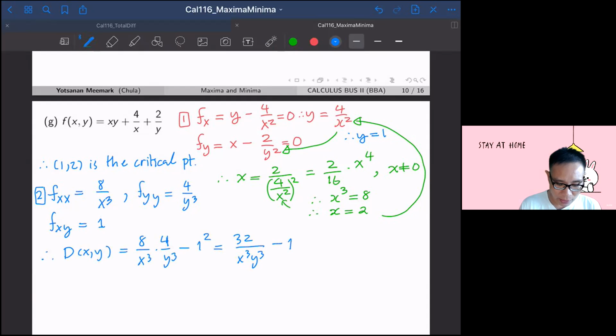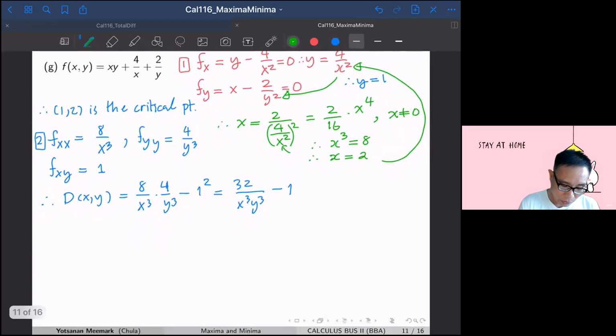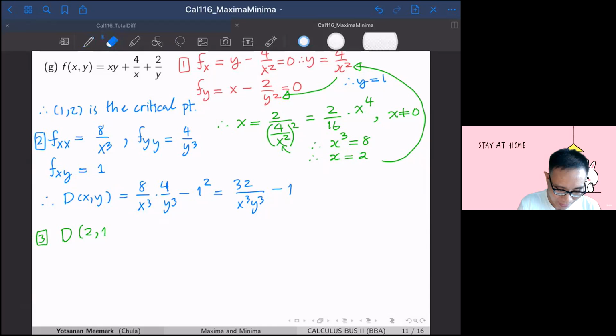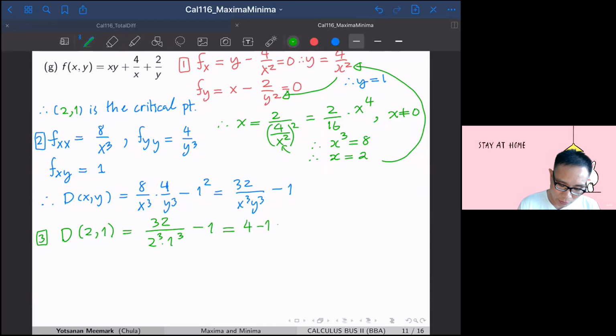Okay, so that's my D. And then you compute the third step. So you compute D at (2, 1). D at (2, 1) will be 32 over 2 cubed times 1 cubed, minus 1. So it's going to be 4 minus 1 equal to 3, okay, which is positive.